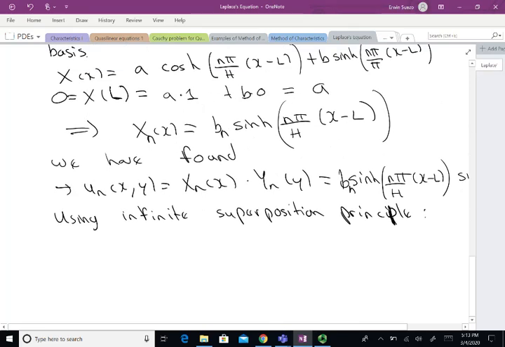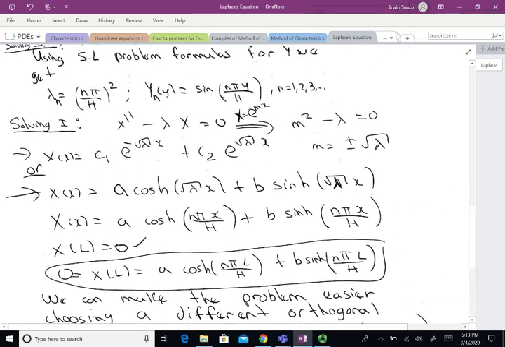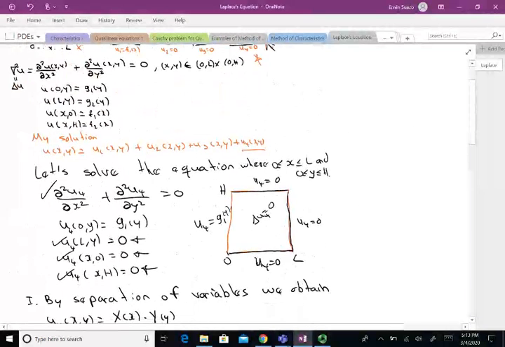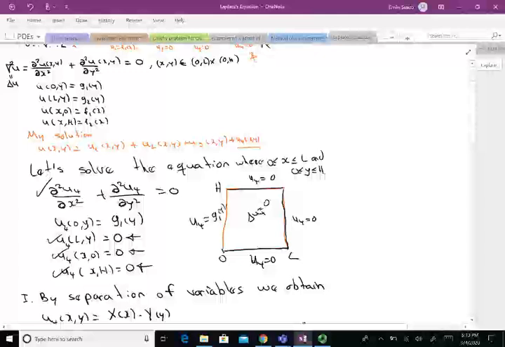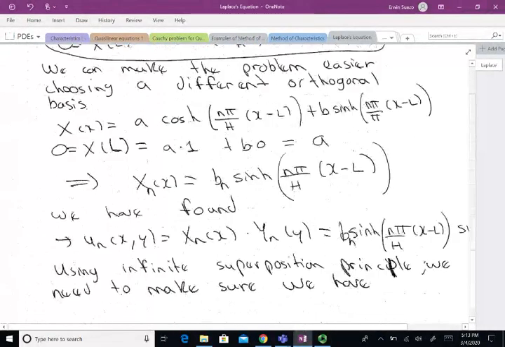However, we need to make sure that u(0,y) equals g1 of y.